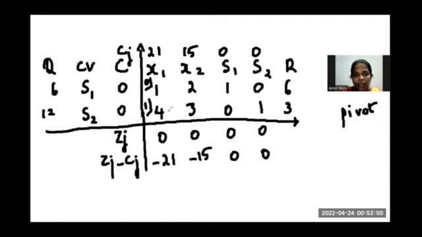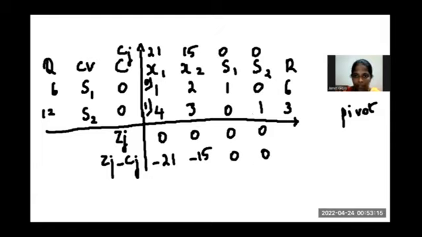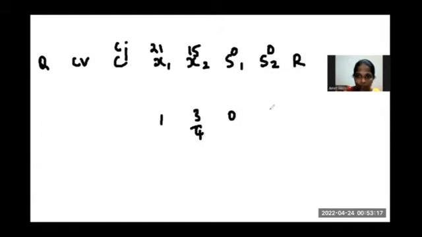I repeat, the other values along the same row in the table have to be divided by 4. So here we have converted 4 to 1. And the next value will be 3 by 4. And then 0 by 4 is 0. And at last 1 divided by 4 is 1 by 4.